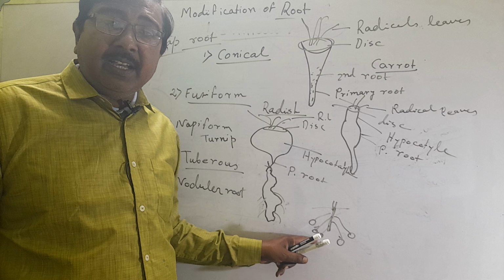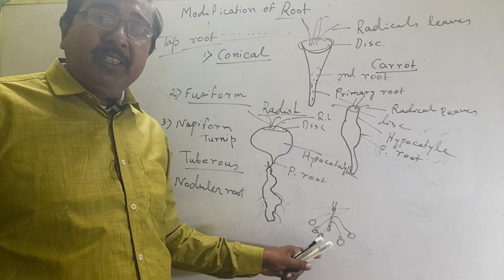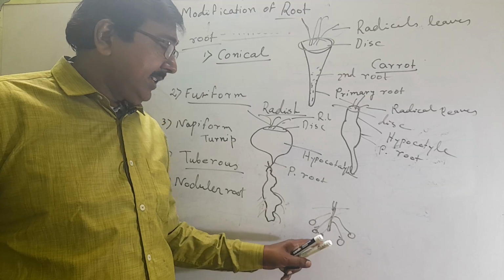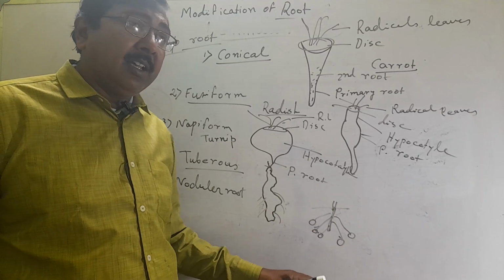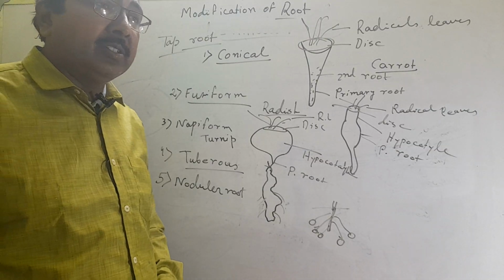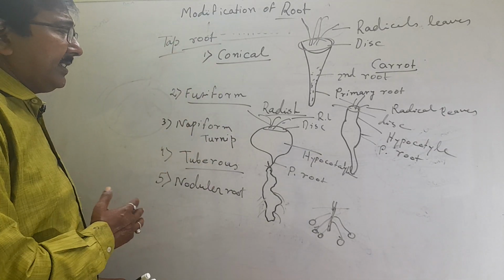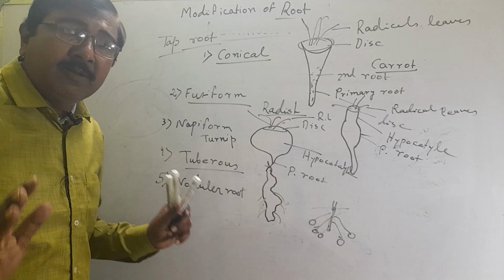This type of bacteria takes nitrogen from the air and mixes it with soil. This type of bacteria is present in the nodule. Okay, these are the nodulated roots. That's about the taproot modification due to storage of food.